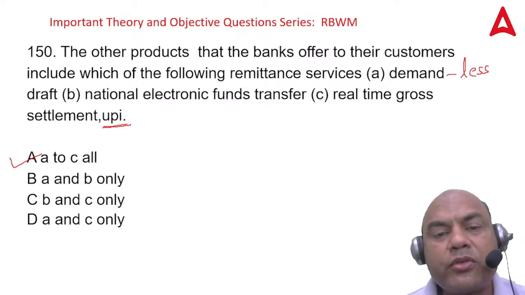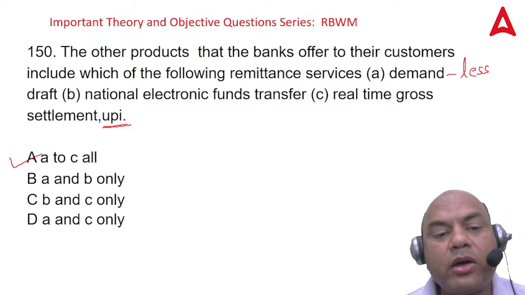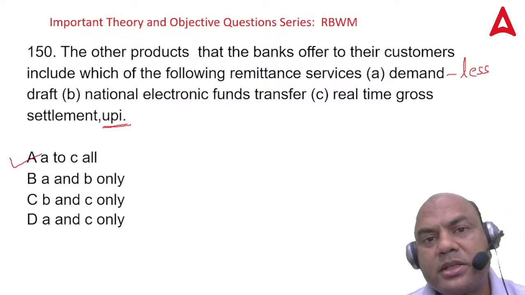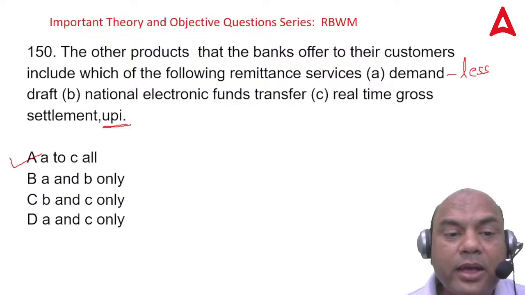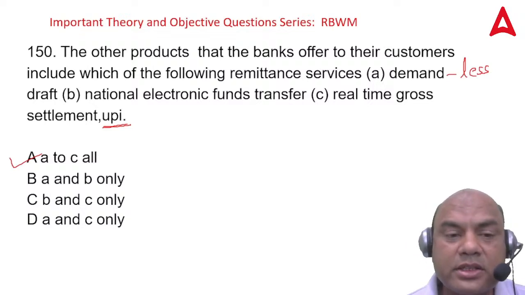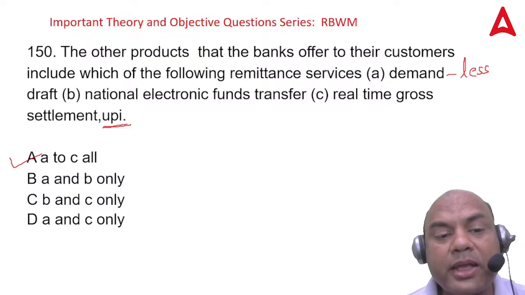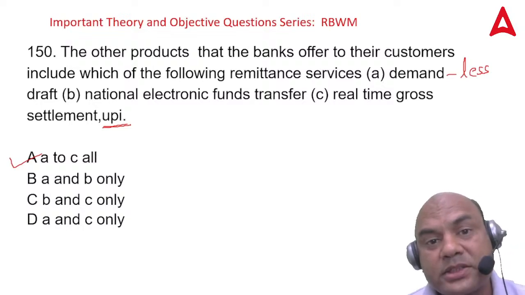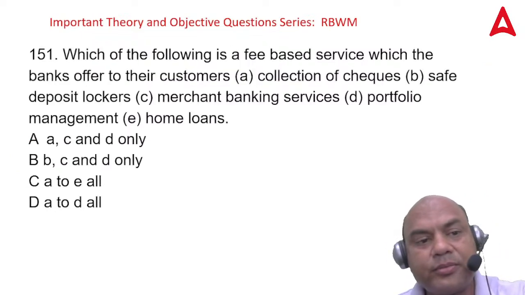It's a part of your total payment systems nowadays. So although the customer doesn't come to the branch, he is still using your services. So UPI is a part of the bank's offerings. Anyone who is using UPI is part of your bank remittance system. Okay, so the answer is A to C all.